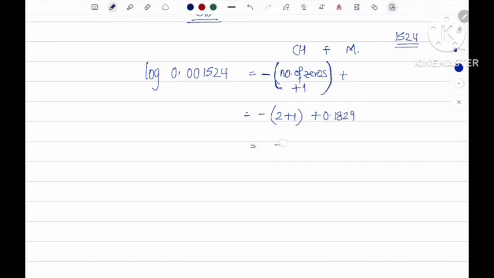This will be equal to minus 3 plus 0.1829. You can subtract 3 from 0.1829, or you can also write it like this: 3 bar 0.1829. So this is the log of number less than 1.